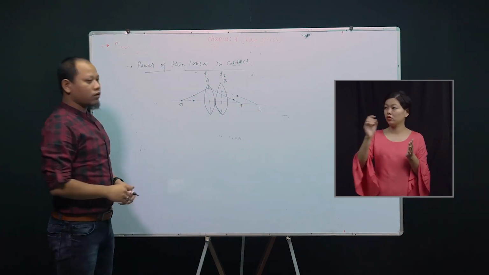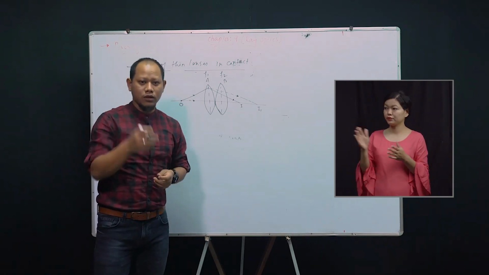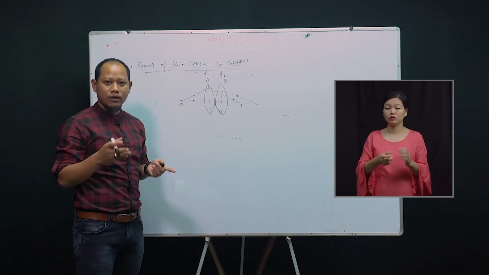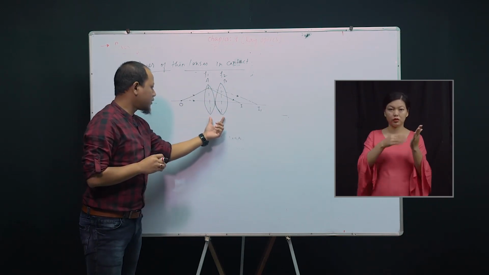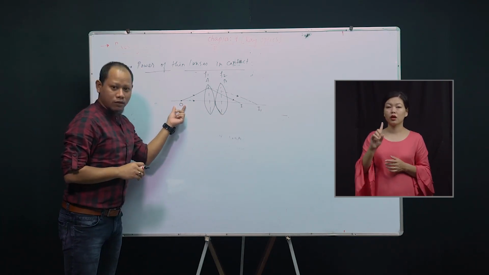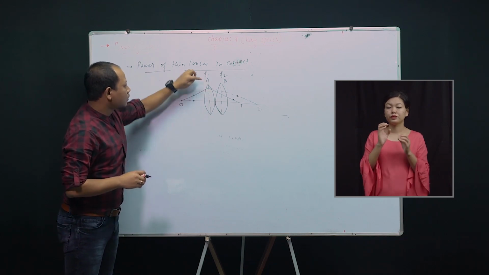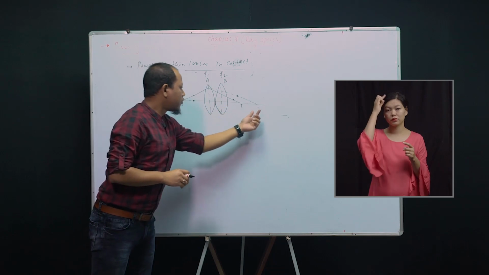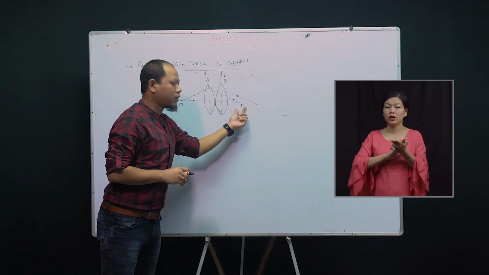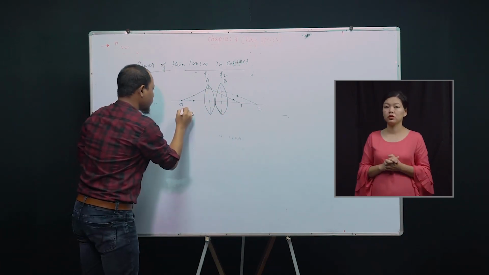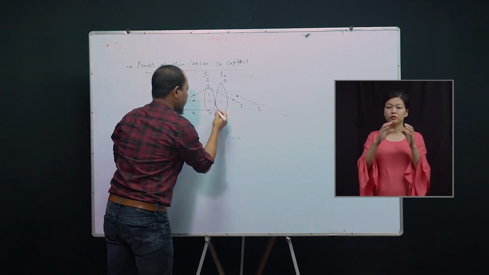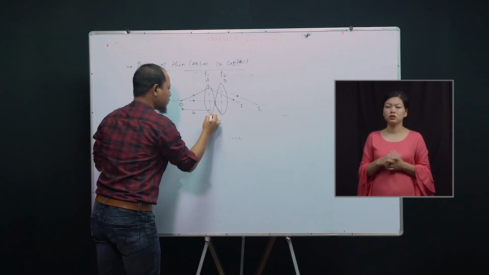This is the whole process, so for explanation you can go through the book. You can write like this: let us consider two convex lenses A and B having focal lengths f1 and f2. Let us keep a point size object O on the side of lens A. First the image is formed at I1, and I1 acts as the virtual object for lens B, and the final image will form at I. For lens A, this is the object distance, and remember this gap is negligible.